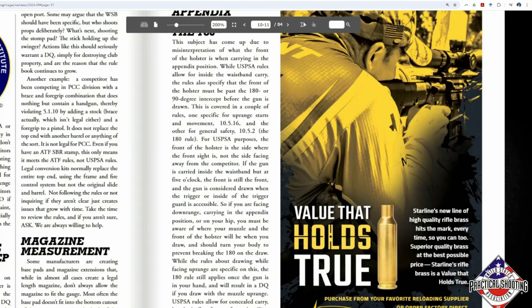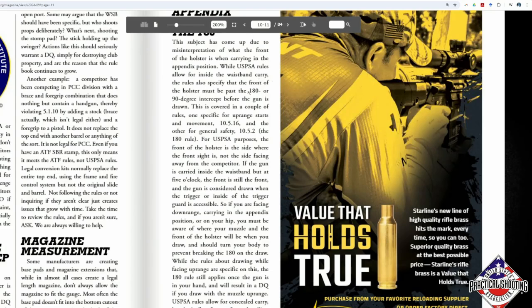All right, Troy says, while USPSA rules allow for inside the waistband carry, the rules also specify that the front of the holster must be past the 180 or 90 degree intercept before the gun is drawn. This is covered in a couple of rules, one specific for uprange starts and movement, 10.5.16, which we've already discussed, and the other for general safety, 10.5.2, the 180 rule.